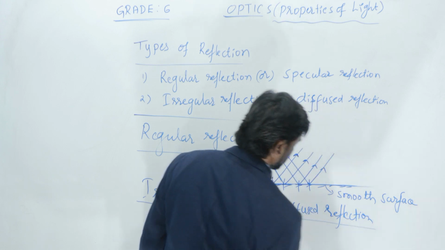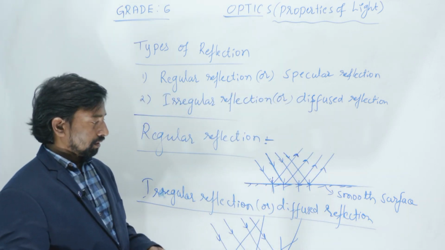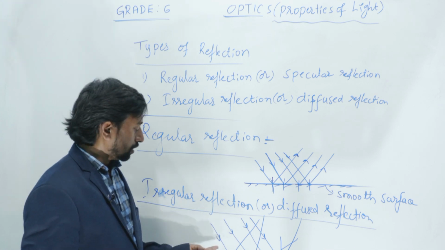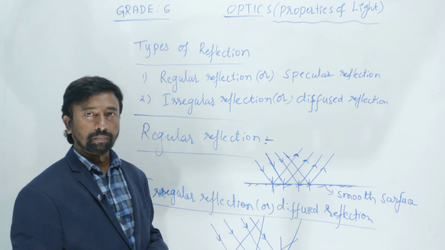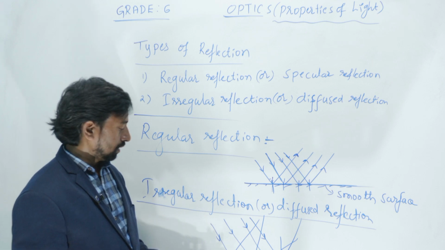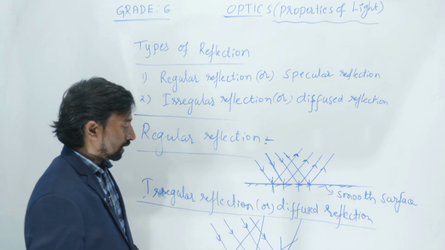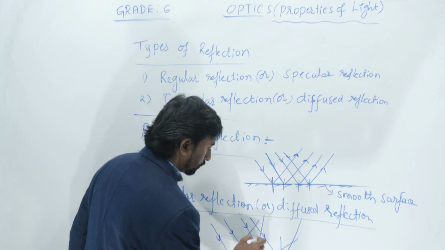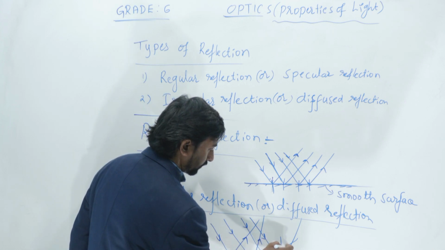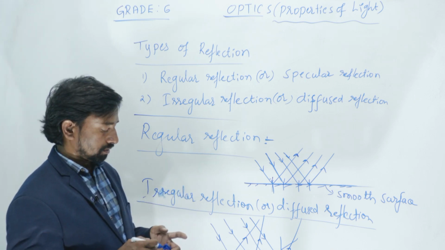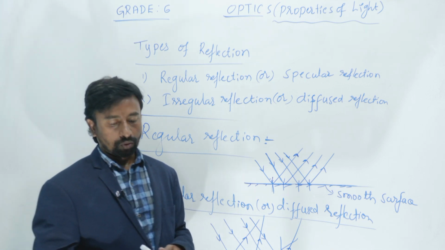Here also the laws of reflection are valid: the angle of incidence and angle of reflection are always equal, and the normal, incident ray and reflected ray lie in the same plane. In both reflections, the laws of reflection are applicable.